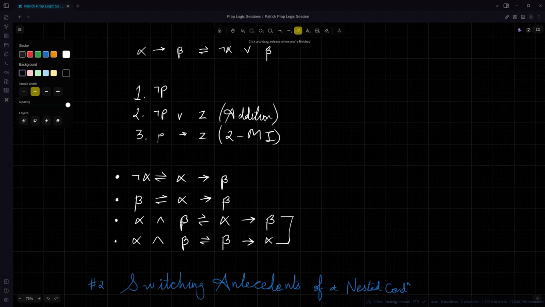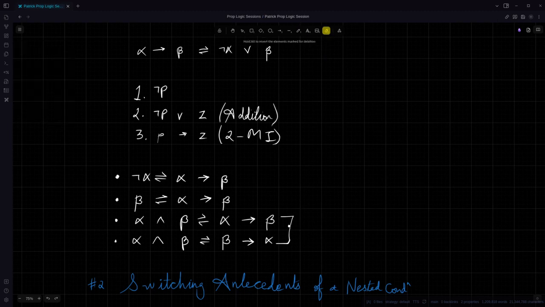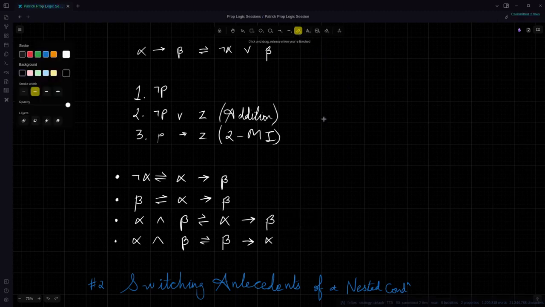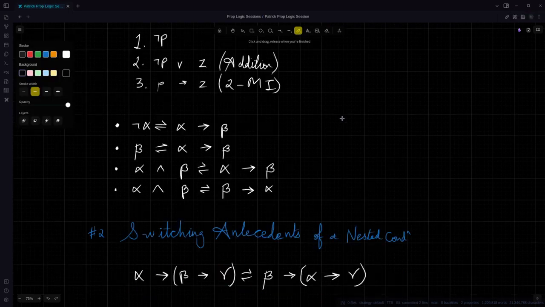If a conjunction is true, the implication is automatically true. If we have a conjunction of alpha and beta that is true, then the implication is just automatically true. When we had the negated p, we did some sort of proof, but I don't remember exactly how we derived that equivalence.